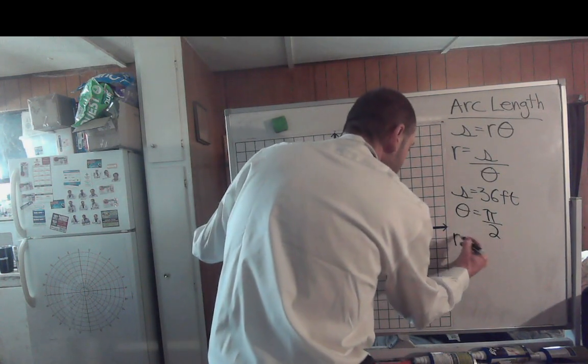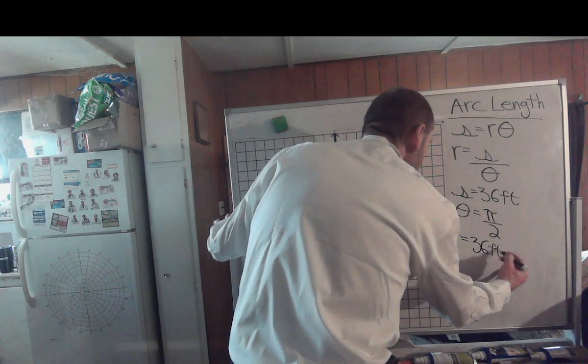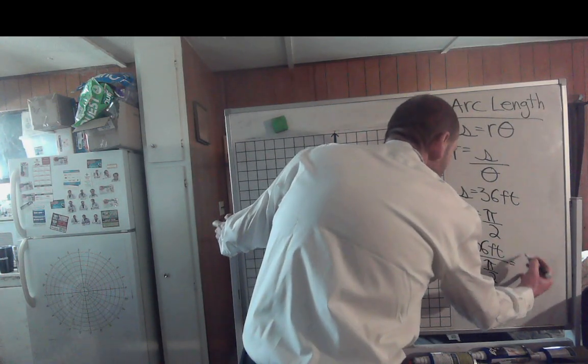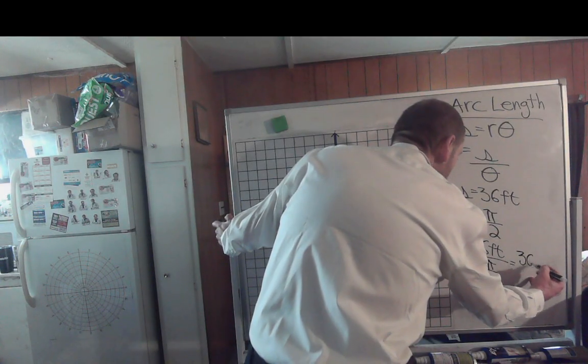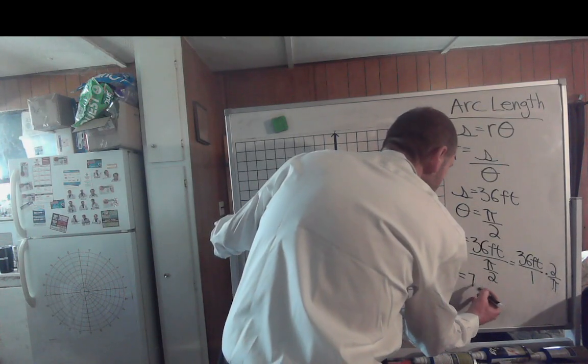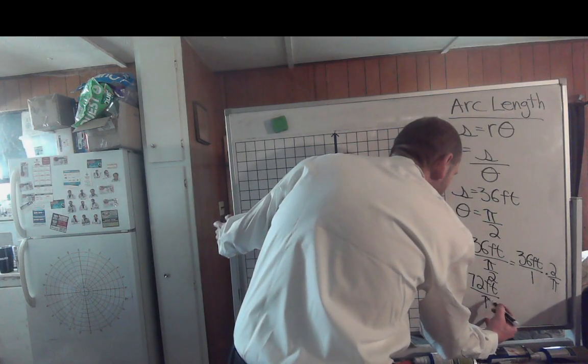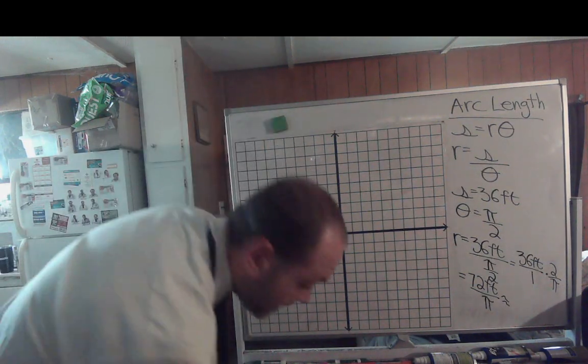So your radius is going to equal that 36 feet divided by pi over 2, which would end up being the same as 36 feet over 1 times 2 over pi, which would end up giving you 72 feet divided by pi.